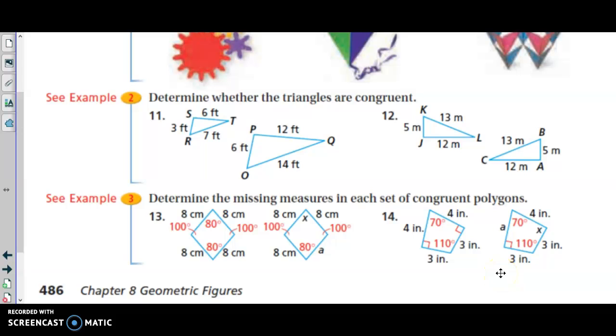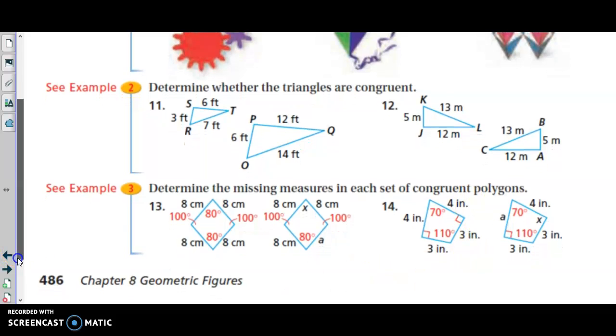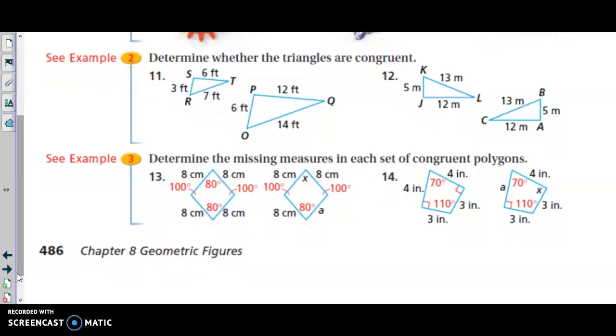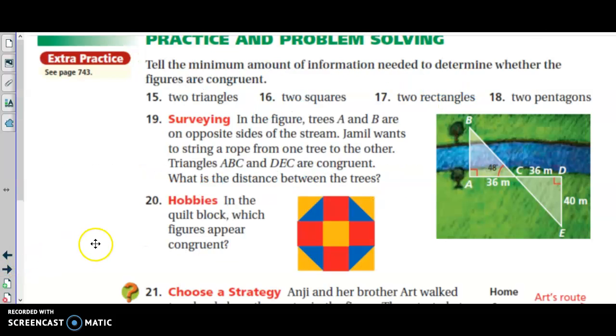Just a reminder that congruent means the same when it comes to geometric shapes. That means the sides and the angles are the same, even though the figure has been transformed, whether it's been reflected or rotated. Some more independent practice. The directions for set 15, 16, 17, and 18 tell the minimum amount of information needed to determine whether the figures are congruent.